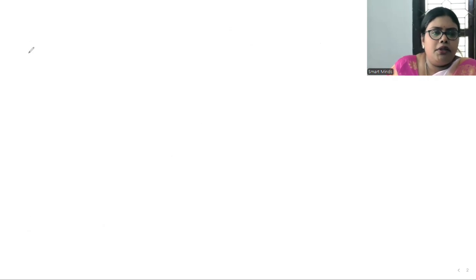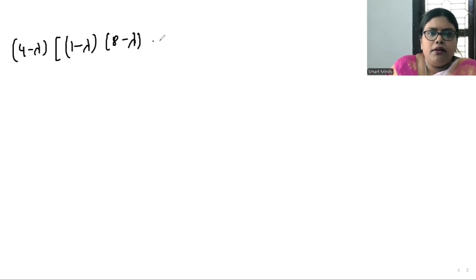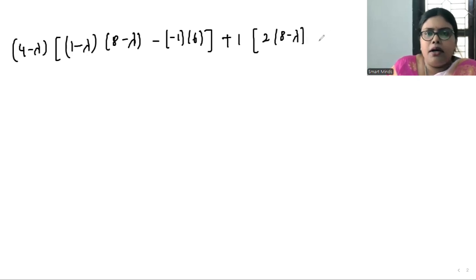So if you find the determinant, you will get (4 minus lambda) into (1 minus lambda)(8 minus lambda) minus 6 times (-1) into 6. Now minus of minus 1 will become plus 1 into (2 into (8 minus lambda) minus 2 into 6) plus 6 into (2 into minus 1 minus 2 into (1 minus lambda)) is equal to 0.